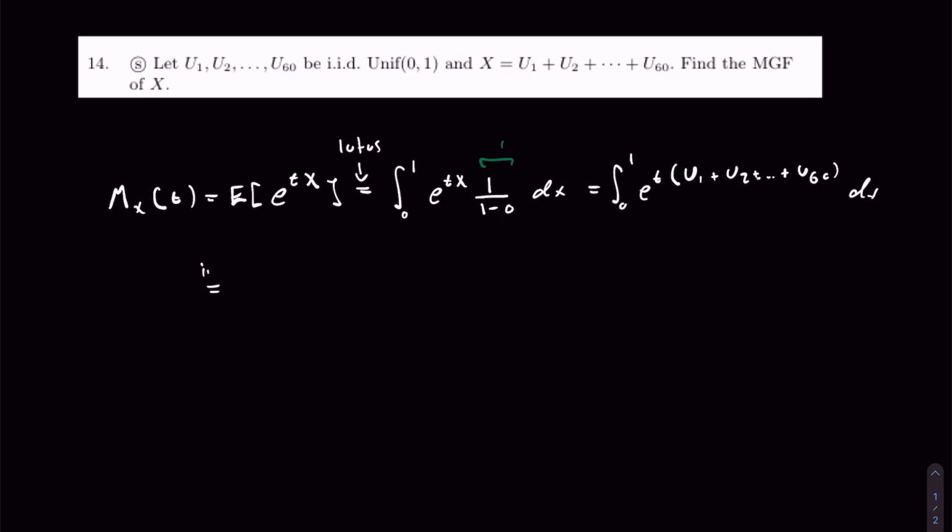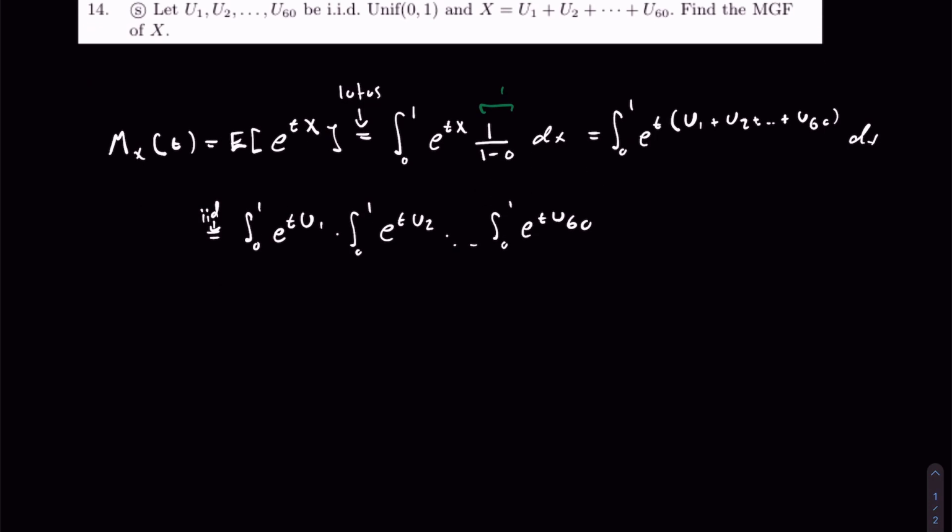So i.i.d. here, and then we can do the integral from 0 to 1 of e to the tu1, multiplied by the integral of e to the tu2, and continue along this path, 0 to 1, e to the tu60.